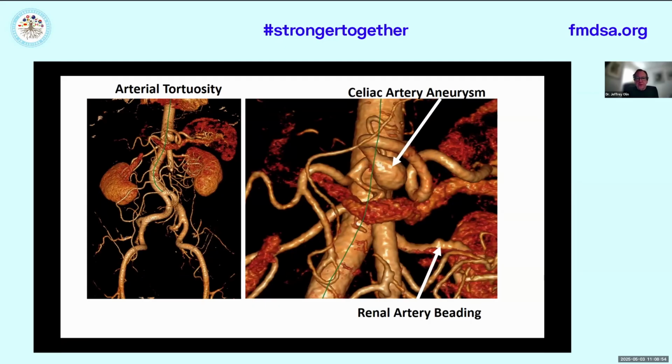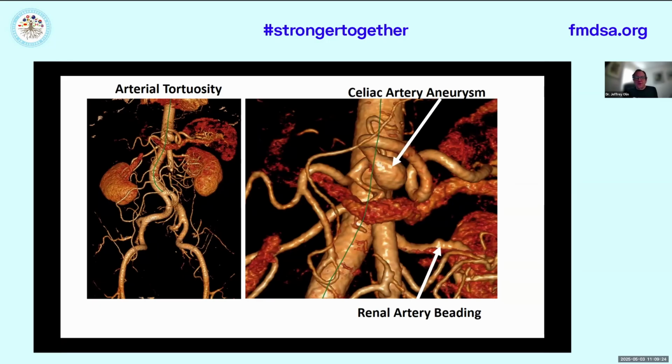And what I mean by that is that patients with FMD present phenotypically different. In other words, one patient may have an aneurysm and FMD of the renal arteries, such as this. What you see here, you see the celiac artery aneurysm, and you see beading of the left renal artery. And one patient may have arterial tortuosity and SCAD, and there's a lot of overlap between SCAD and FMD.